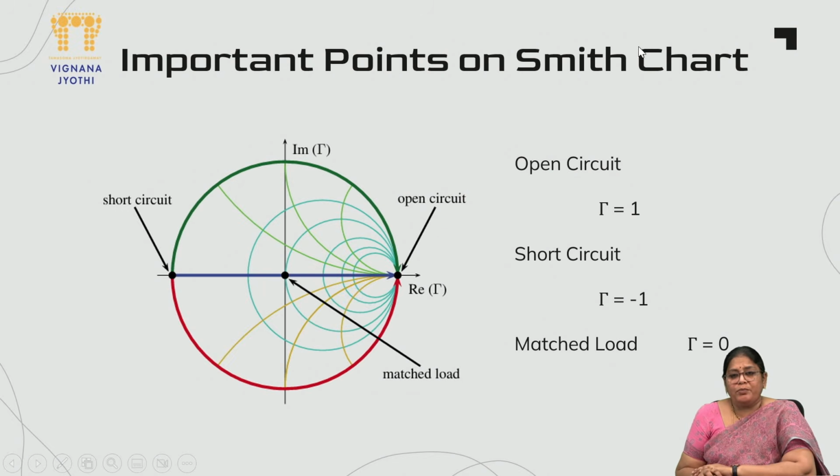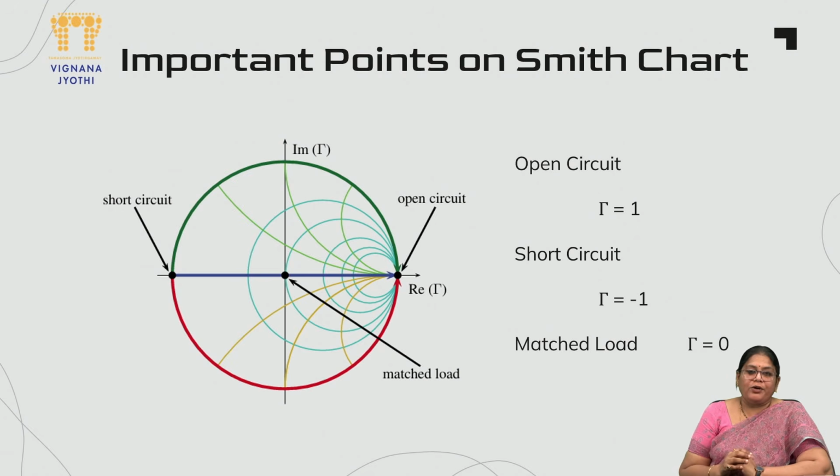The most important points on a Smith chart are that one extreme end of the resistance axis is your open circuit, the other extreme end is your short circuit, and the center point on your Smith chart is your matched load, which corresponds to rho equal to 0, or reflection coefficient equal to 0. Matched load indicates that there is no reflection coming back from the load, because whatever your source is generating is absorbed by your load.